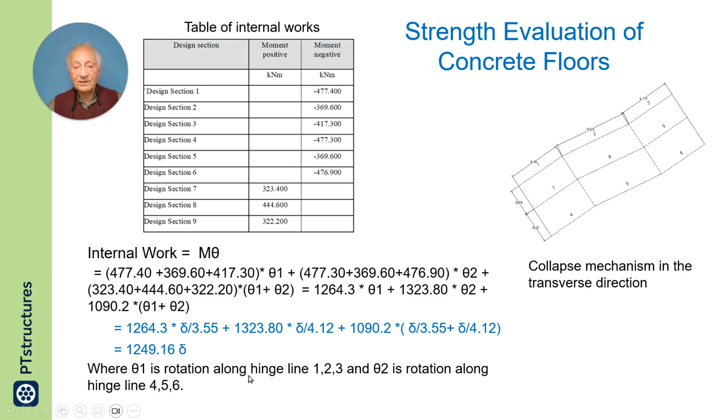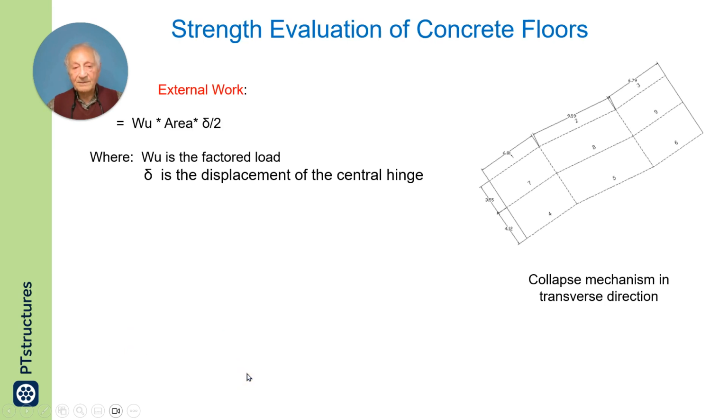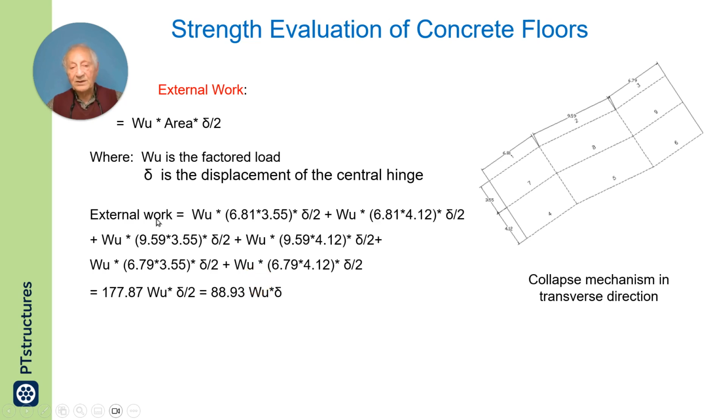and external work. The external work is area times unit capacity load times displacement. The external load is given by this formula for each of these segments.